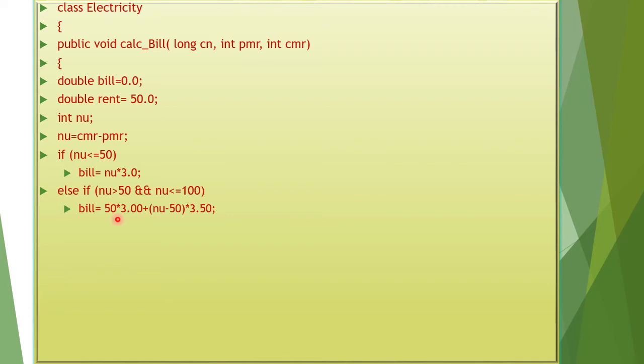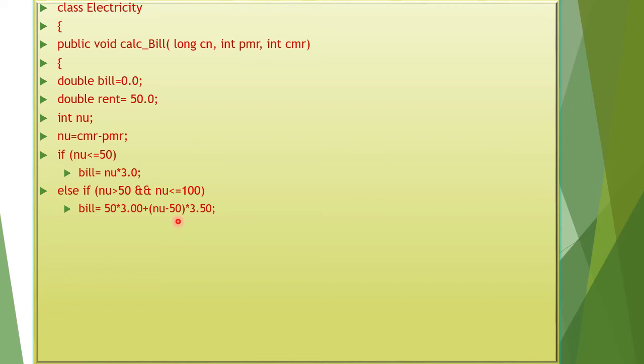That is, we say it is a slab-based calculation. The rate is not same for every range of units. The rate is different for different ranges of units. For the first 50 units, 50 star 3.0 plus NU minus 50. That means how many units exceed 50.